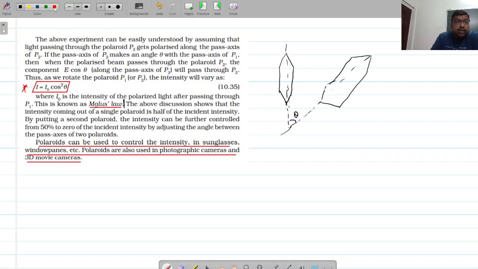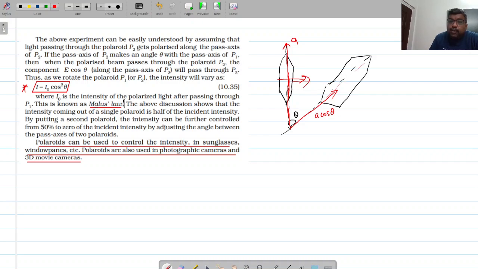So the light which is coming through this, its amplitude in this direction is a, and this angle is theta. So the component in this direction will be a cos theta. Only the light which is along the pass axis of the Polaroid will be allowed to pass.